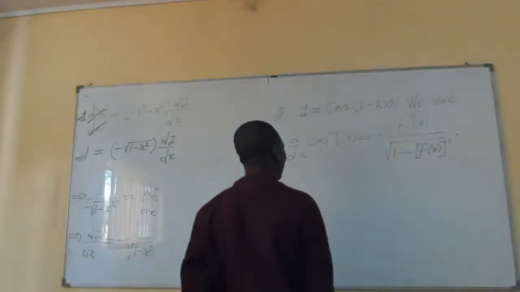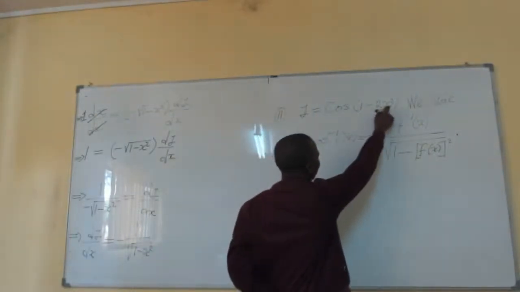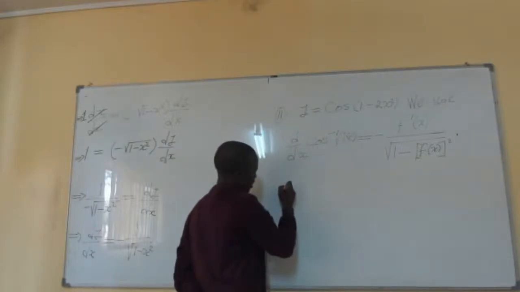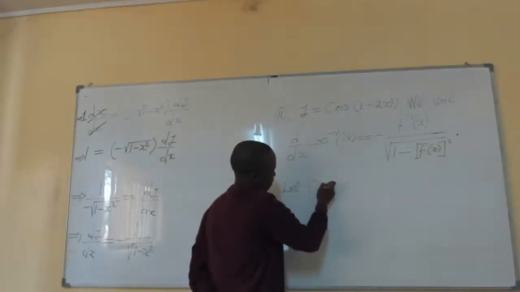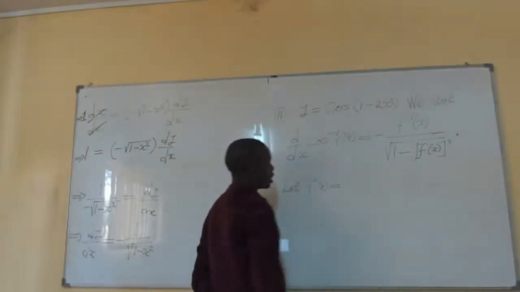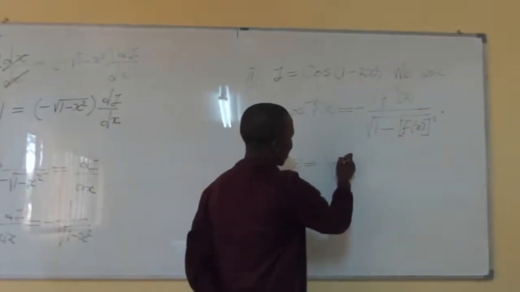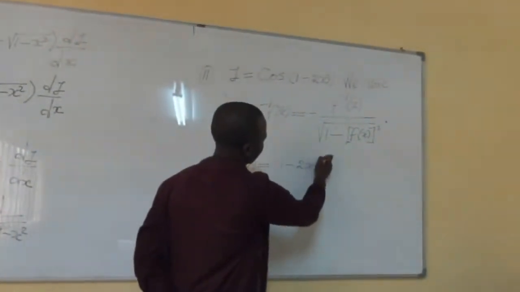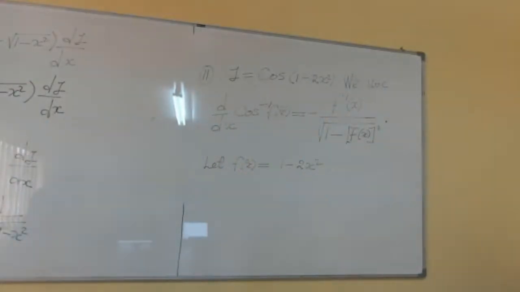Now, if you look at y equal to cosine inverse of 1 minus 2x squared, we just say let f of x be equal to 1 minus 2x squared.